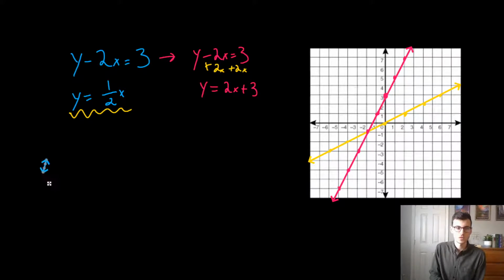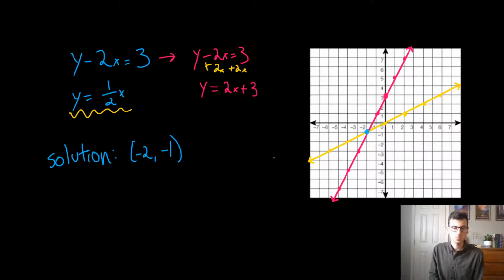Okay, so now where's the solution to this system of equations? It's where they cross, right? So here, my solution would be -2, -1. And again, that holds true for both of these equations, right?